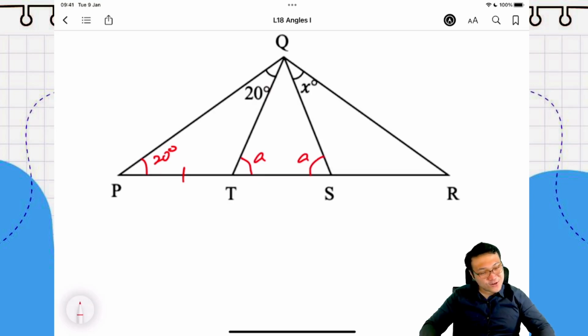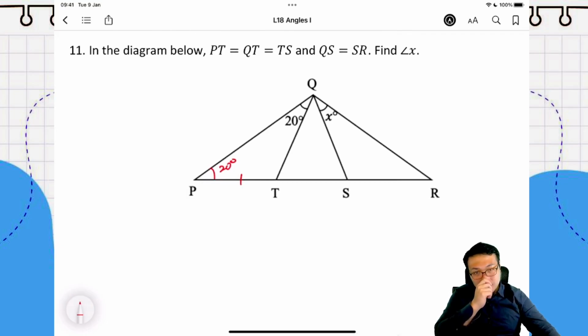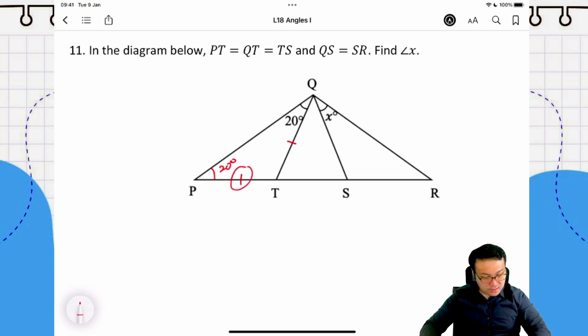Yeah. No. Because you see, in mathematics, the diagrams are not drawn to scale. So they say that PT equal to QT. So I draw a line here. These two are the same. Then they say equal to TS. So TS is here. So this line and this line are the same, right?